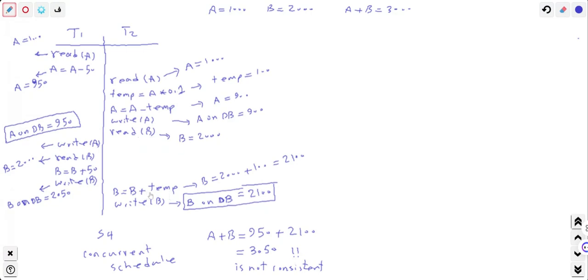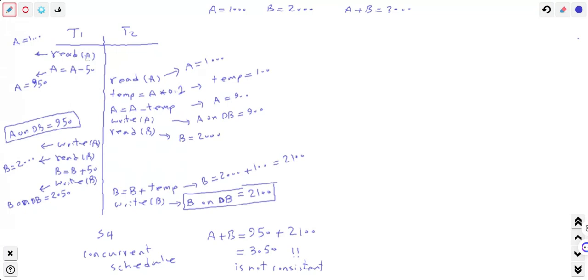So this transaction works by the value that it has read before, the value of 2000.